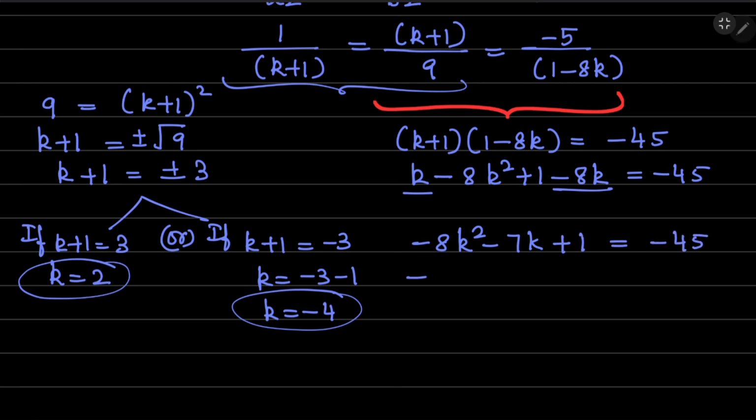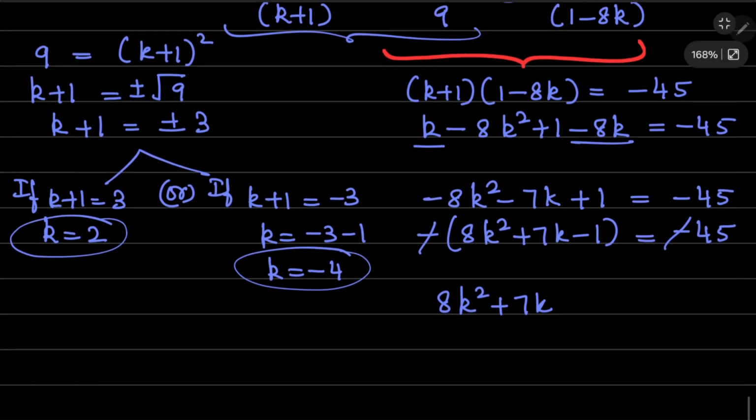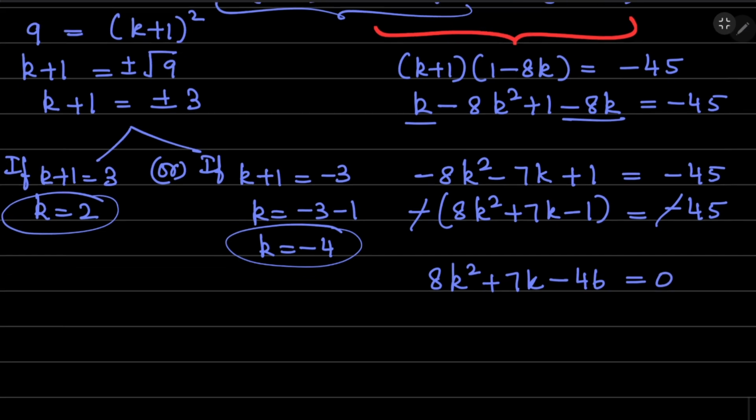Take negative common out. So what do you get? 8k square plus 7k minus 1 equal to minus 45. This negative gets cancelled. Bring 45 to this side. So what do you get? 8k square plus 7k minus 1 minus 45. So it is minus 46 equal to 0.